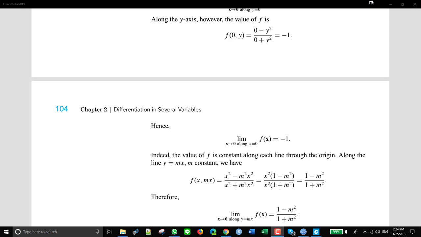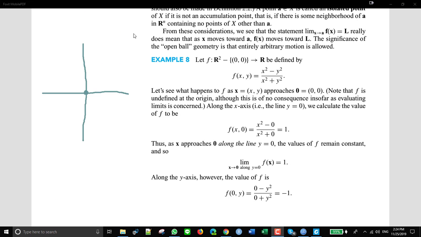Okay, so that's interesting. Then we could ask, how about along other paths? How about if we came along a 45-degree angle? What's that going to look like? We actually have no idea what that's going to be. But we can consider a path defined by, say, y equals mx. We could have a path like this, or like this, any path through the origin.